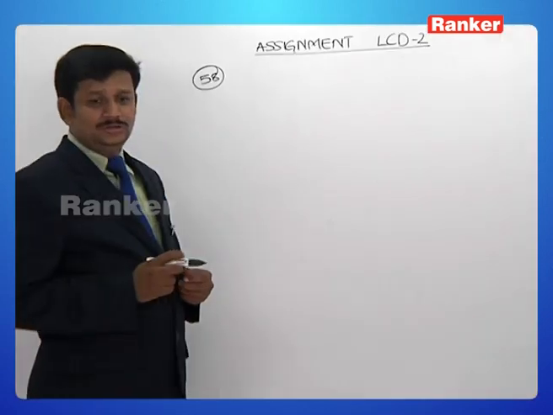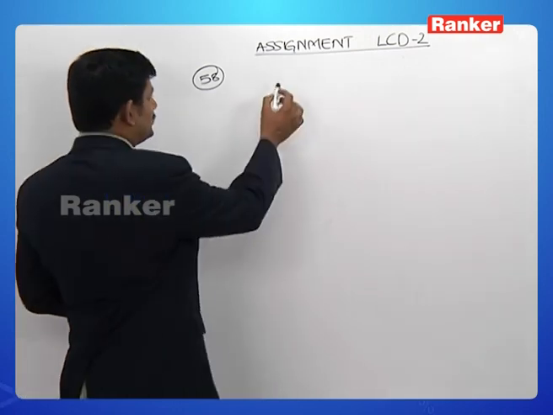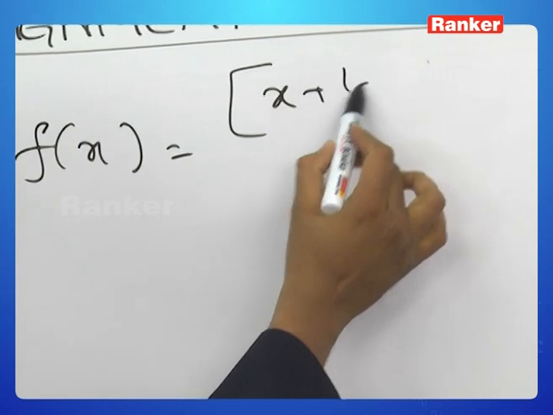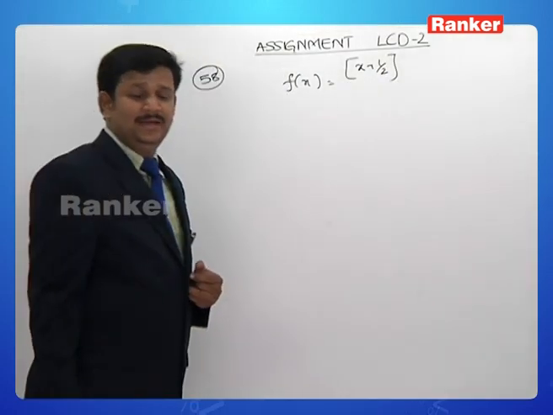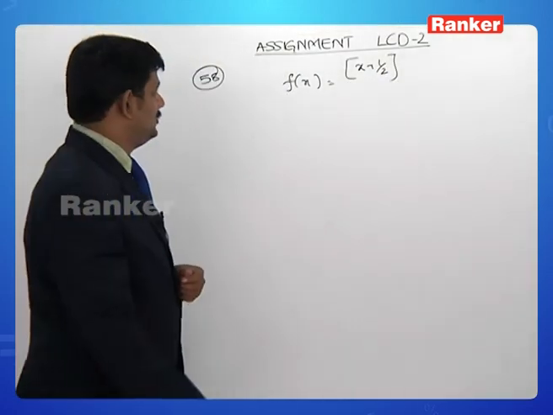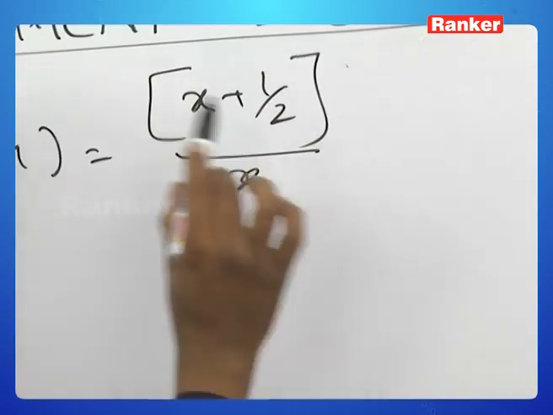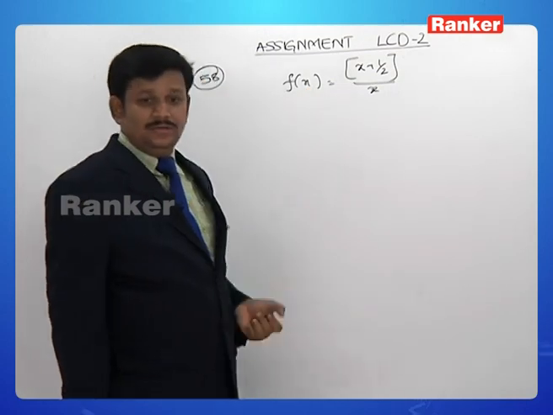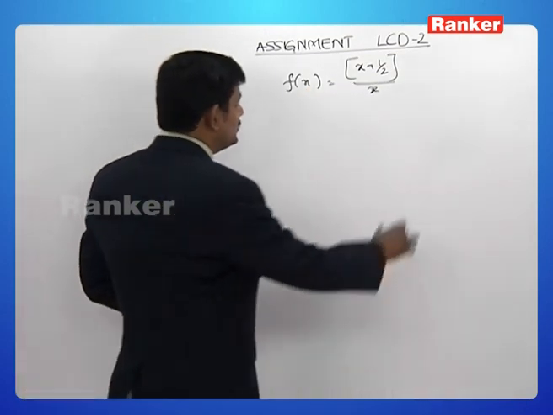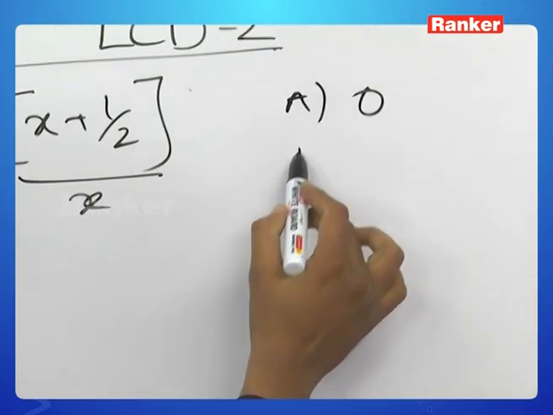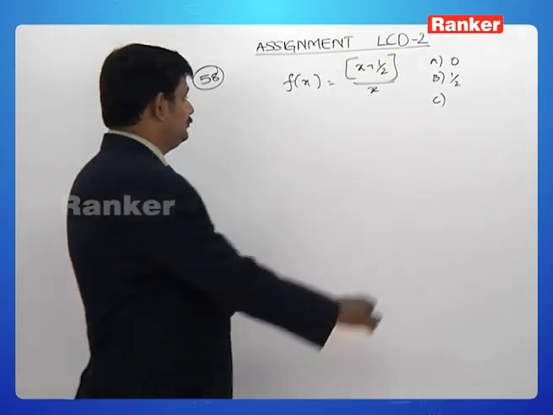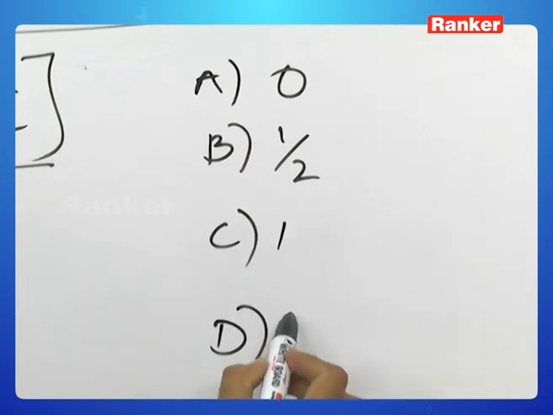We need to talk about the continuity of this function, where the integral part of half is 0, so we need not write it, divided by x, at each of these options.